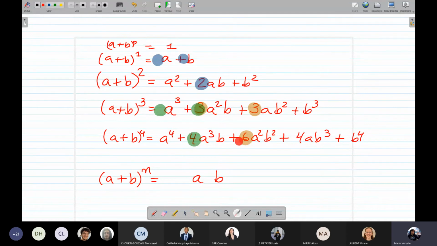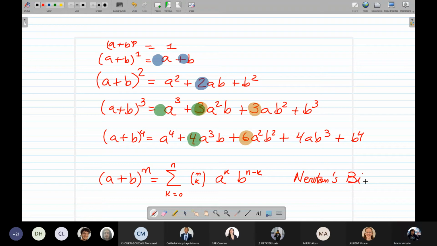So we have a sum of the binomial coefficient, k among n, a power k, b power n minus k, for k going from 0 to n. This is Newton's binomial.